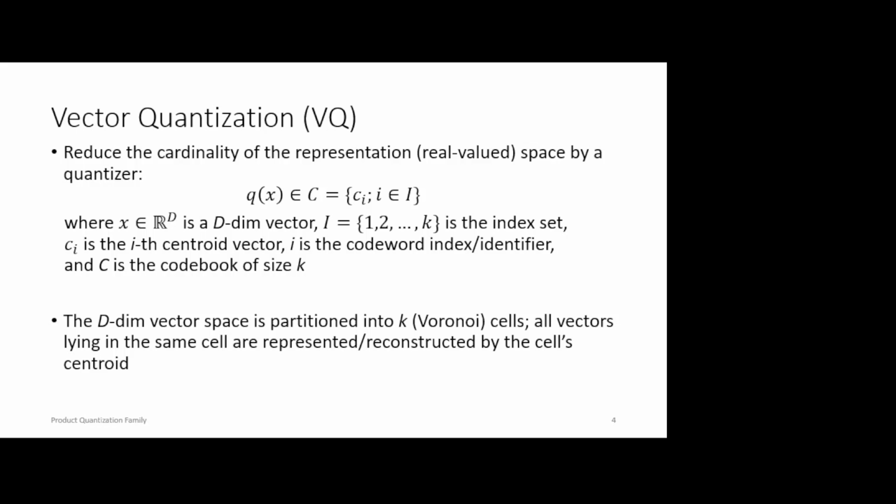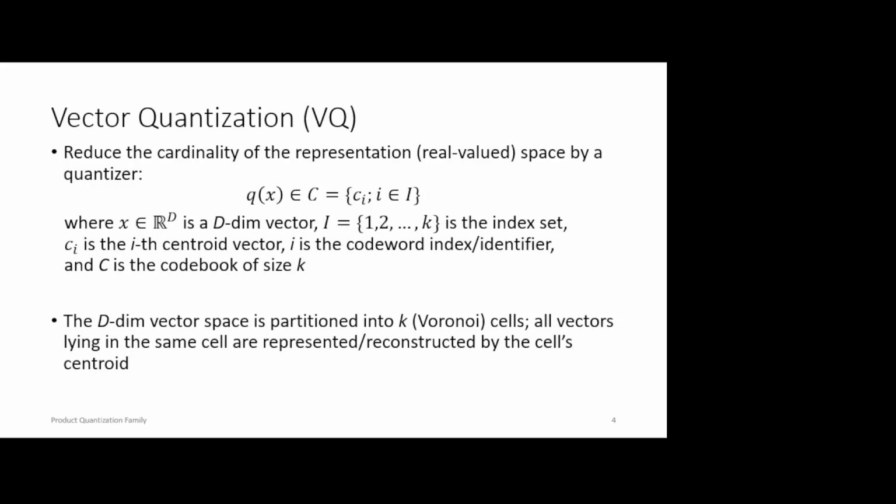If we apply something like k-means to build several clusters, you take the vectors belonging to a cluster, take their mean as the centroid, and we usually use this centroid as the code word Ci.